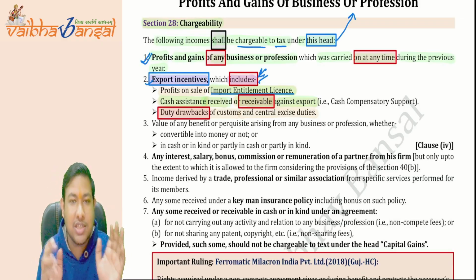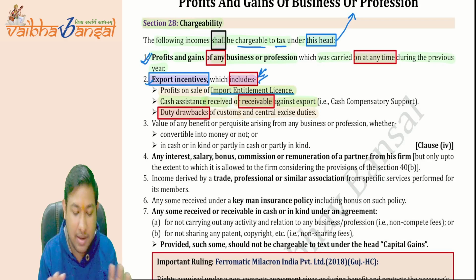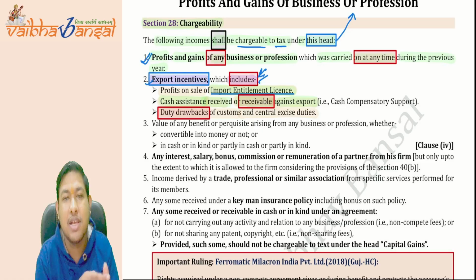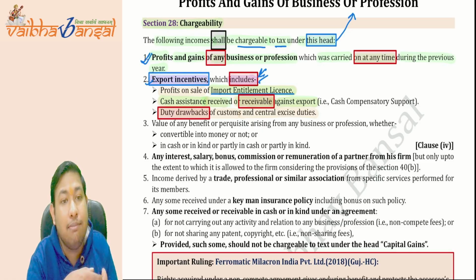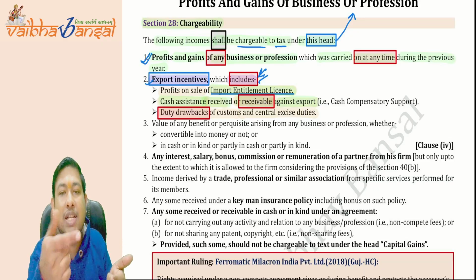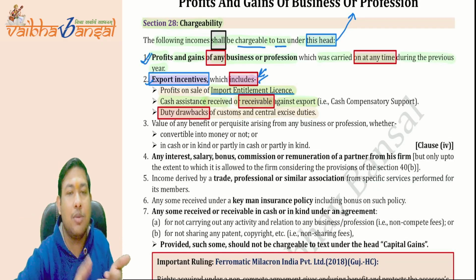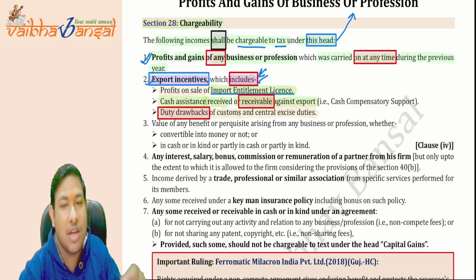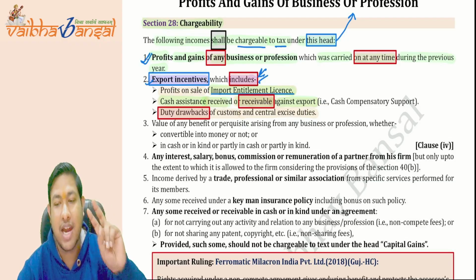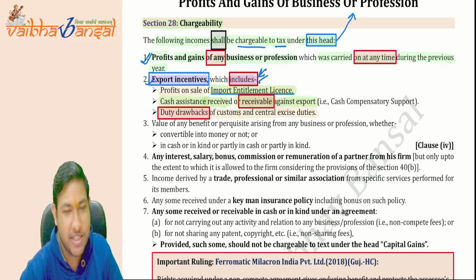So all these 3 points are covered. The first point is export incentive, which includes the import entitlement license. Second, cash assistance received or receivable against export. Third, duty drawbacks on customs and central excise duties. So the starting points are clear to you, I hope.